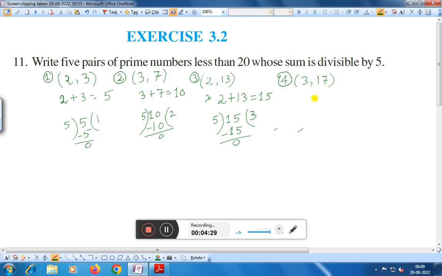If we add both the numbers, we are getting 3 plus 17 is equal to 20. Now if we divide 20 by 5, it is also divisible. 5 fours are 20.